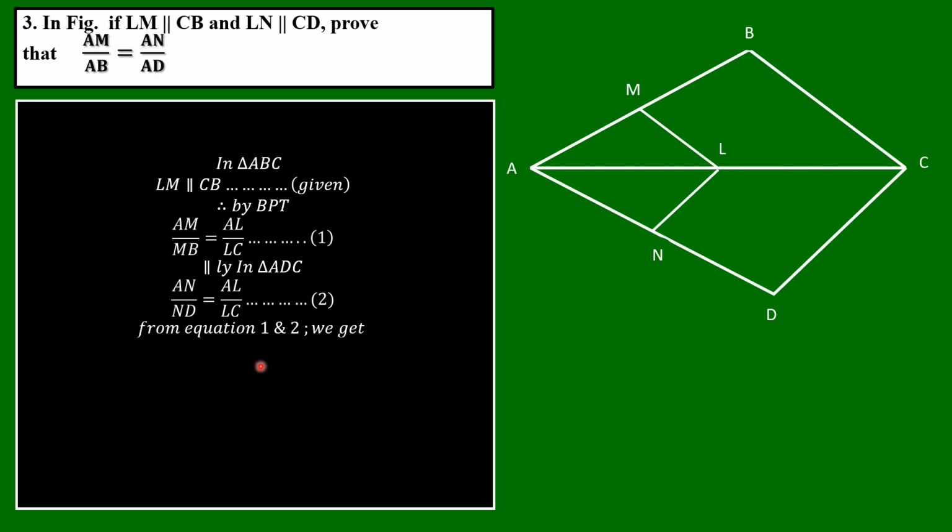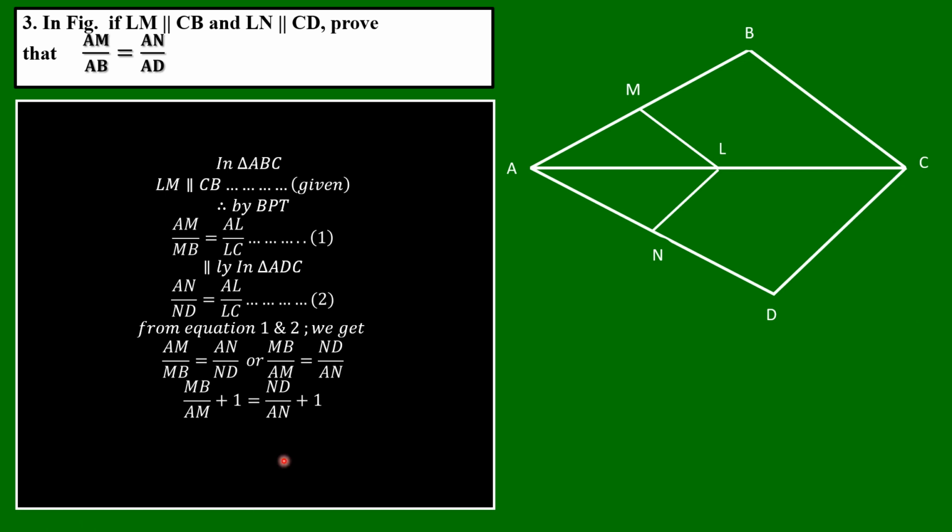From 1 and 2, AL upon LC is equal to AM upon MB as well as AN upon ND. So AM upon MB is equal to AN upon ND, right? Or reciprocating, simply reciprocate the ratio, we get MB upon AM is equal to ND upon AN.